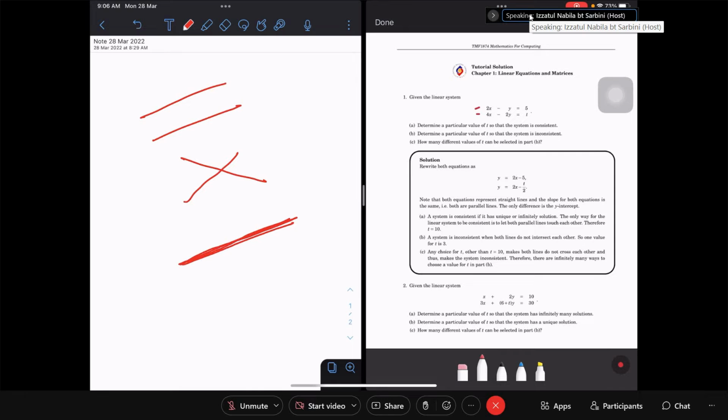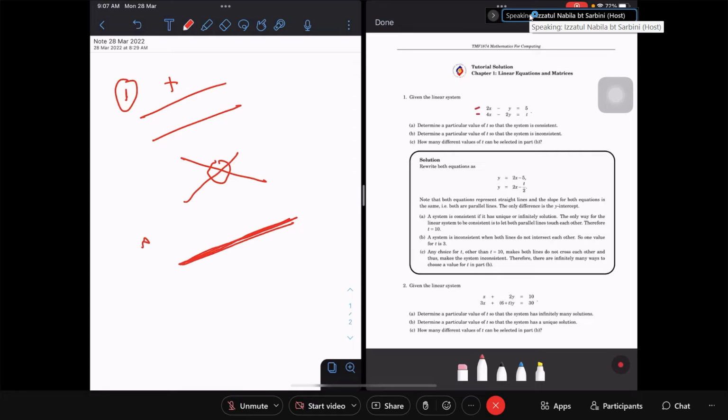Okay. So this one, the first one here, has no solutions because there is no intersection between the two linear equations. And this one has one solution. The two lines intersect at one point, so it has one intersection, one solution.